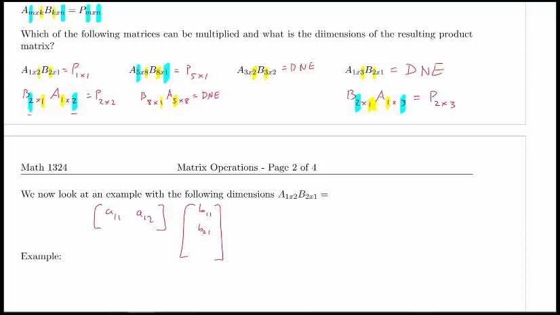Alright, and so the multiplication goes this way, and then you go this way with it. So you're going to simply be multiplying and adding different elements together, and so this will look like this: A11 times B11 plus A12 times B21.